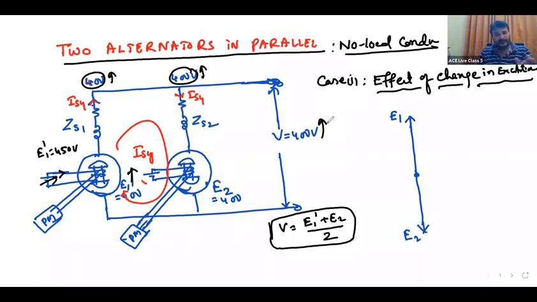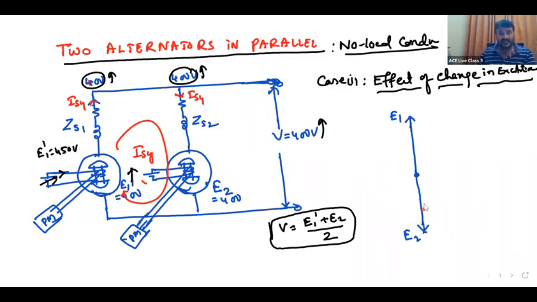Let me explain what the mechanism going on inside is. When the excitation of the first machine increases, E1 increases. Initially both are the same, no? Initially E1 and E2 are in phase opposition with respect to the local circuit.